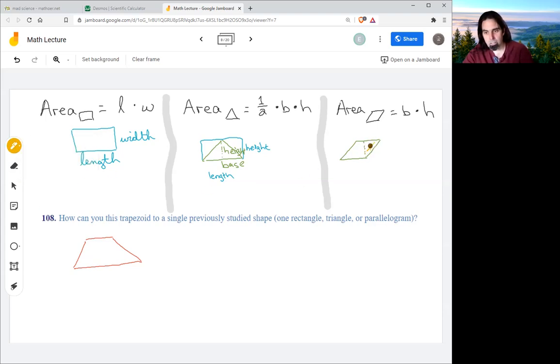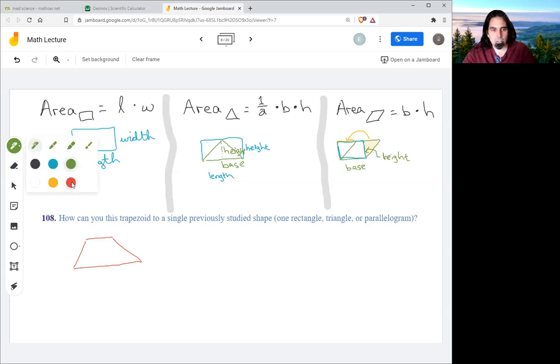And if I take that piece and cut it off, then I can move it over here and I get a rectangle. So that rectangle was the base of my parallelogram and the height. So base times height, it's a rectangle.